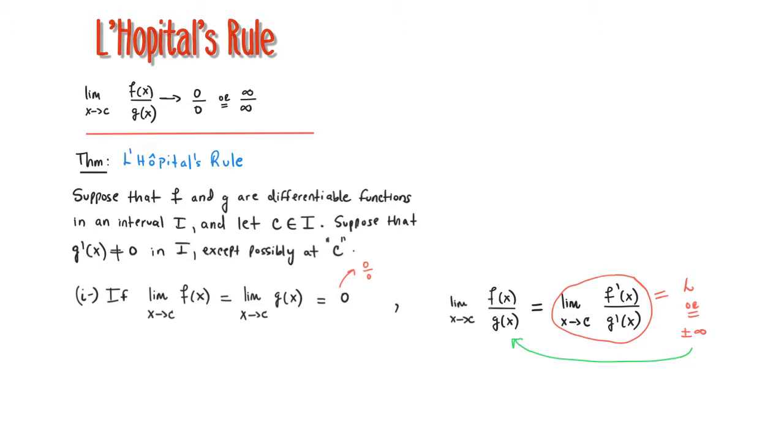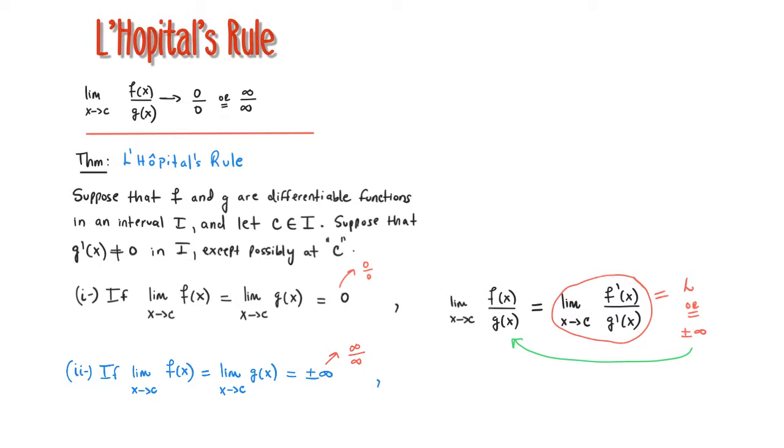The second way in which we can use L'Hopital's rule is by generating the following indeterminate form. Let's say the limit as x approaches c of the numerator, f of x, is equal to the limit as x approaches c of the denominator, g of x, and this is equal to plus or minus infinity. This is how we get the indeterminate form infinity over infinity.